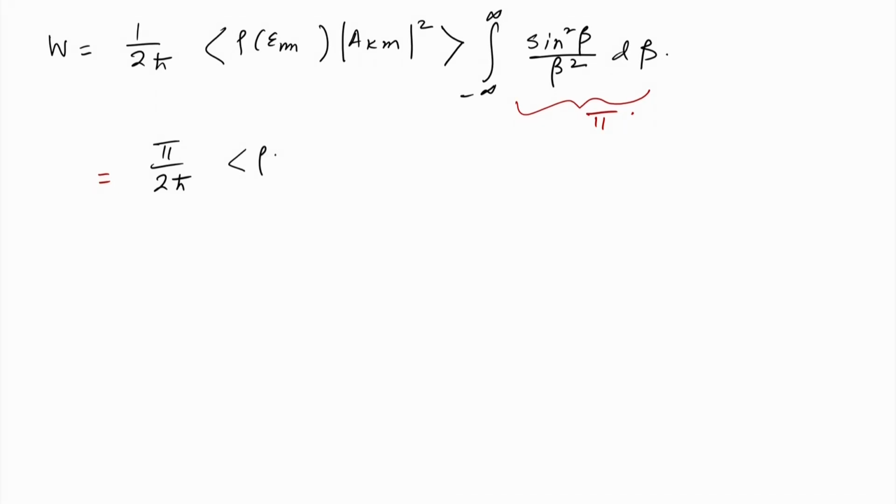Now, I can also split these two terms, so this is |A_km|² by 2. The average value of this matrix element can be written as half of |A_km|².